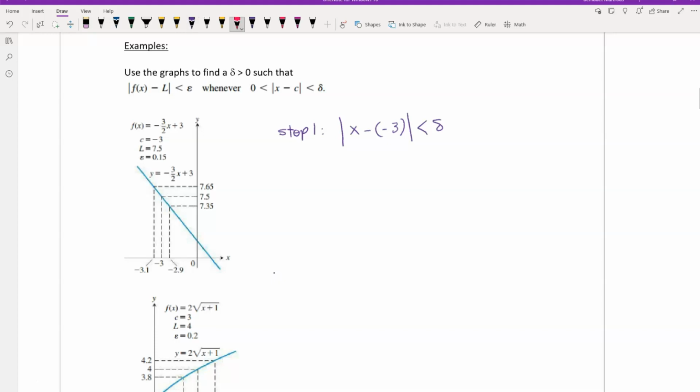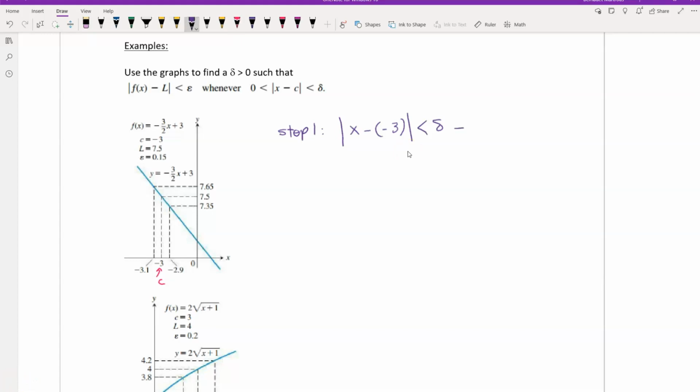What we have here underscored, that's -3, that is c. So using that number inside the absolute value, now solve for x.